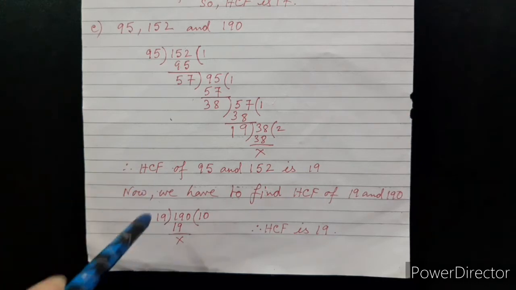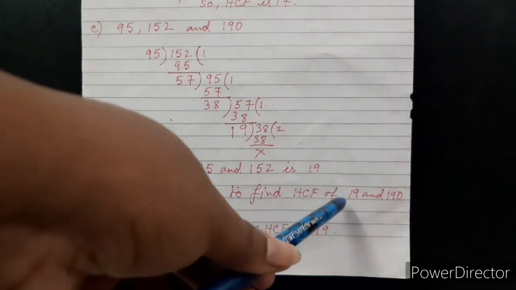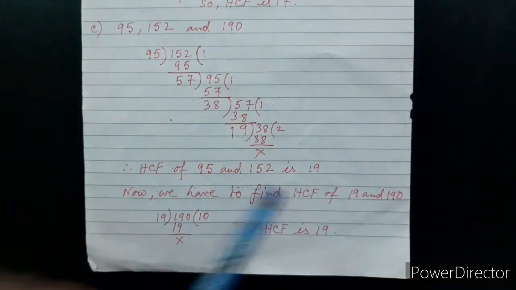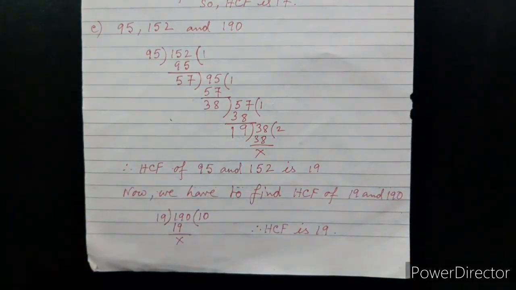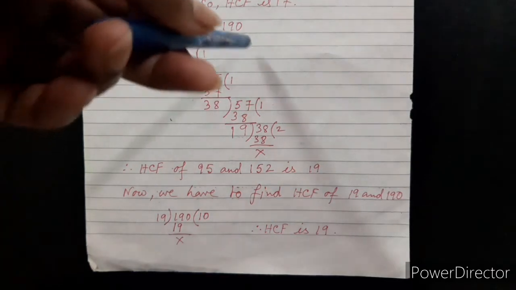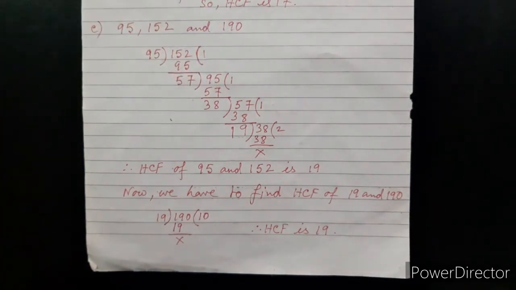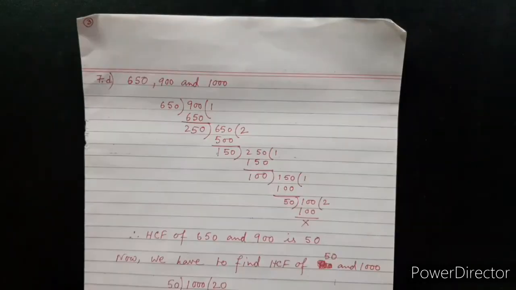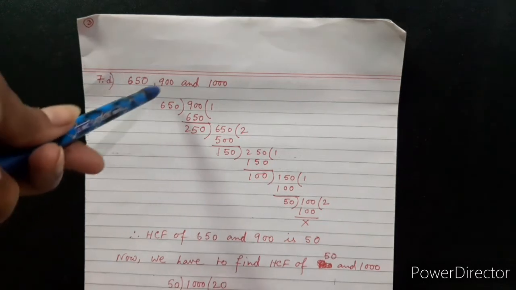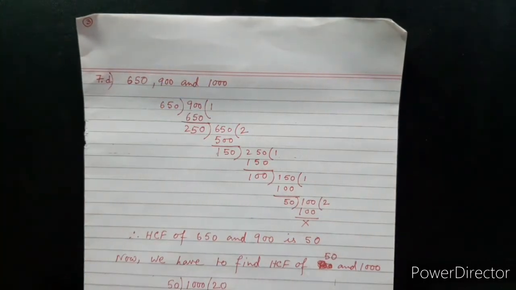So, our final divisor is 19. Therefore, the HCF of 19 and 190 is 19. So, the final HCF of these three numbers is 19. Now, the next sum. Sum number 7D. Find the HCF of 650, 900 and 1000.